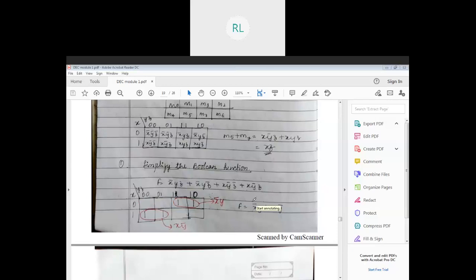Okay, we'll go ahead. I will just clear the annotations, so you'll be able to understand. An equation is given to us, which is nothing but a four-term equation. So using this K map, we are actually going to change it.